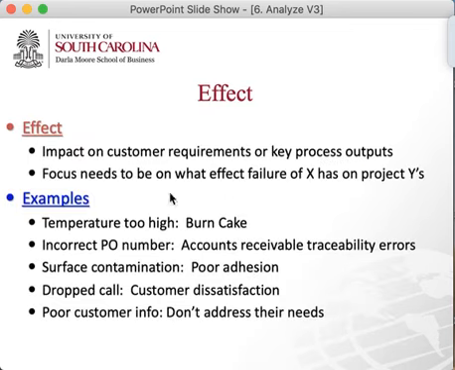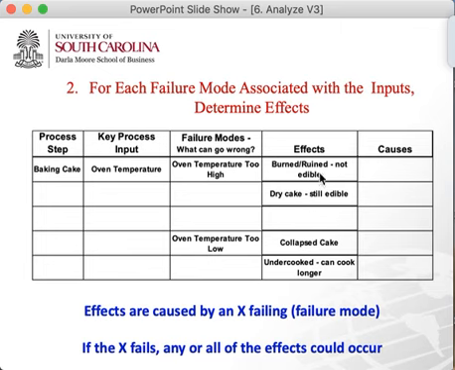So if the temperature is too high, we burn the cake. If it's an incorrect PO, it will be received with errors. If there's surface contamination, we have poor adhesion. If there's a dropped call, the customer can be dissatisfied, right? That's the effect of that failure happening. In this case, you can ruin the cake, or keep it a little bit too dry. If it's too low, it can collapse the cake, or you can undercook it, which is also bad, right? These are the effects of that failure.